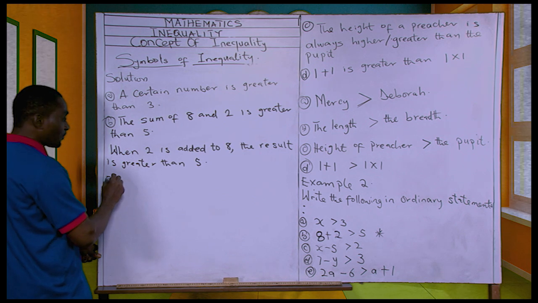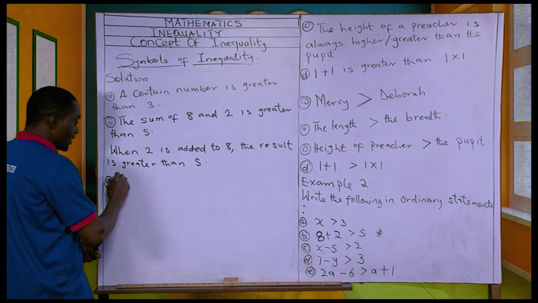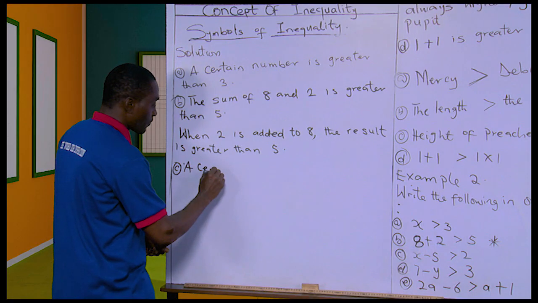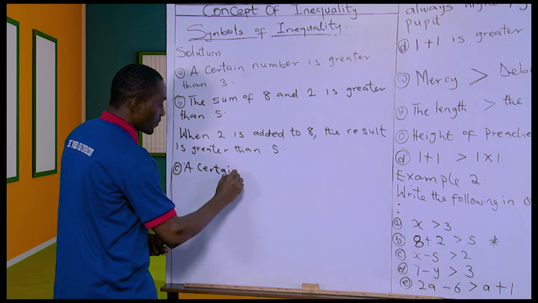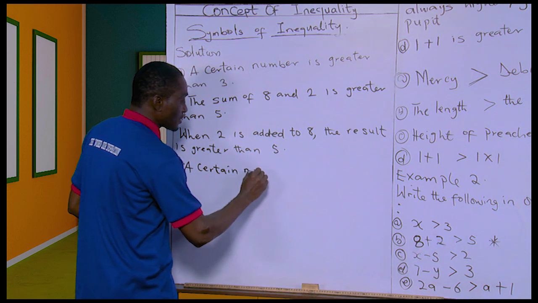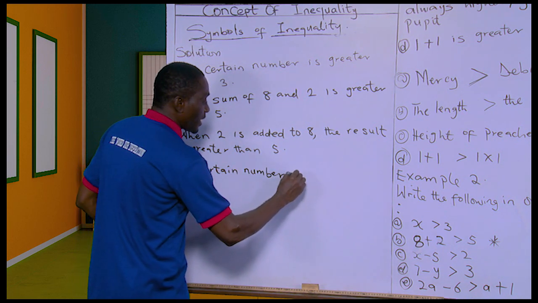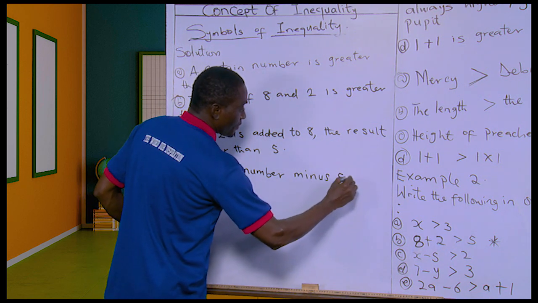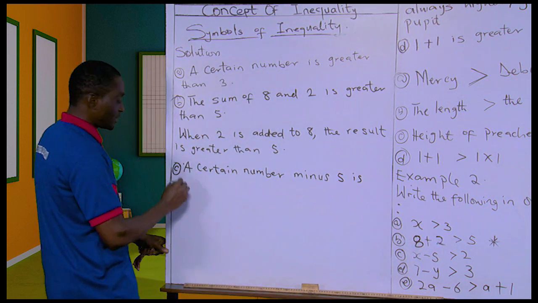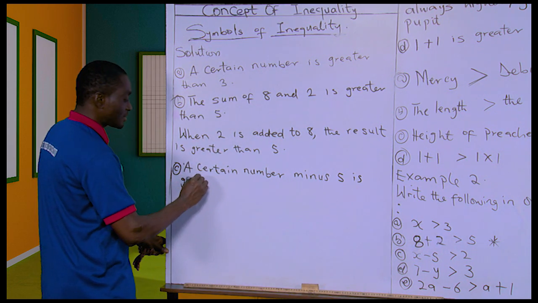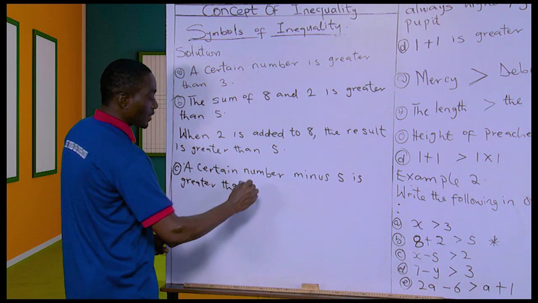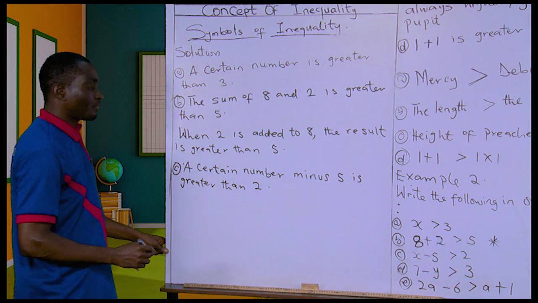So we now say: a certain number minus 5 is greater than 2.